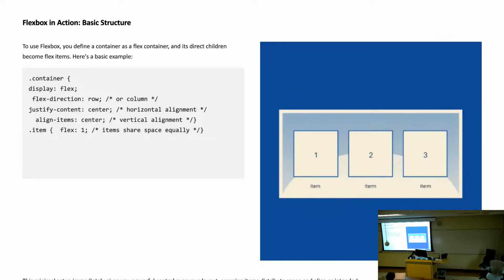Self-explanatory. So let's say I have some words, and I justify the content to the middle. The words will be automatically in the middle, no matter what screen size you have. Same with column, it will be like this.